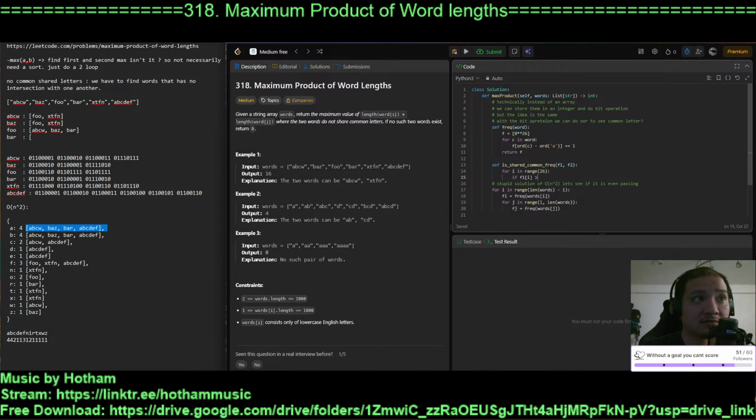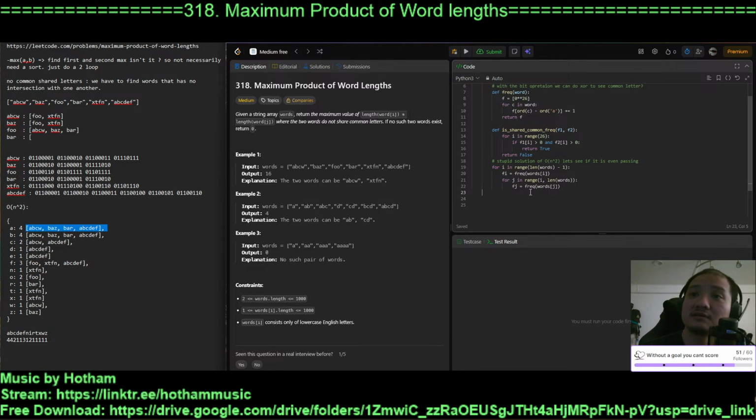Greater than 0, and f2i and 0 does not mean it is share, right? Return true, otherwise we return false, right?